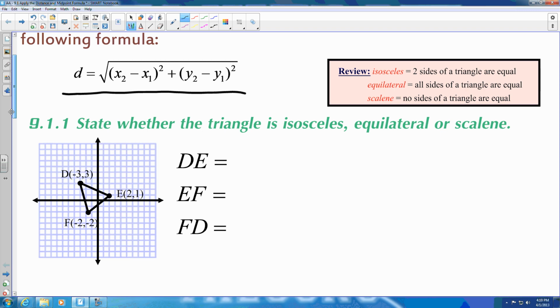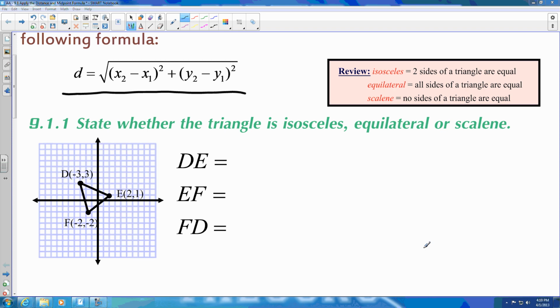A quick review from geometry: an isosceles triangle has two sides that are equal, equilateral triangles have all three sides equal, and scalene, none of the sides are equal.